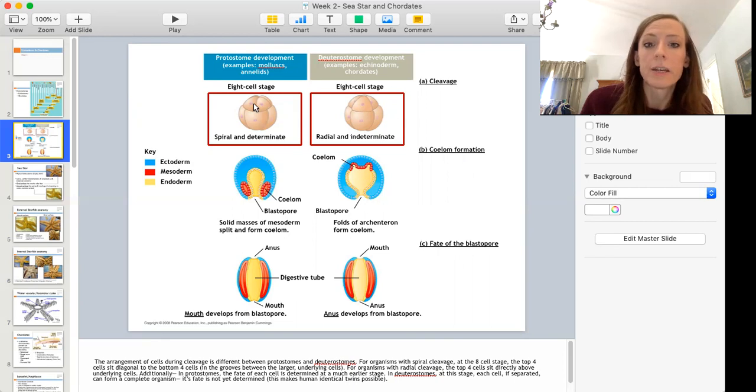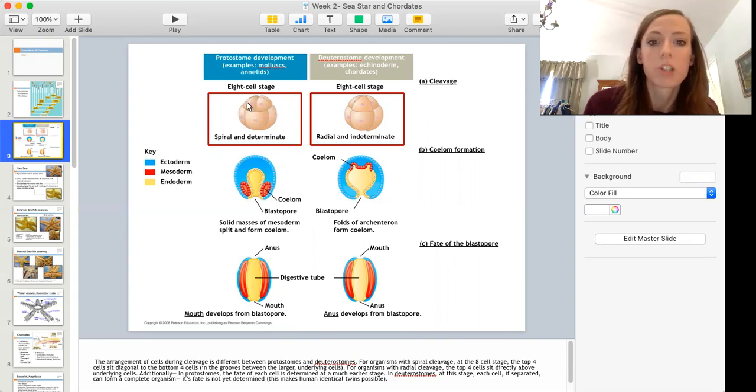Well, in protostomes, the cleavage furrows, the formation of different cells, occurs in such a manner that the top four cells in the 8-cell stage are almost diagonal. They're spiral, they're catty corner to the bottom four cells, as this division forms along the midline here.